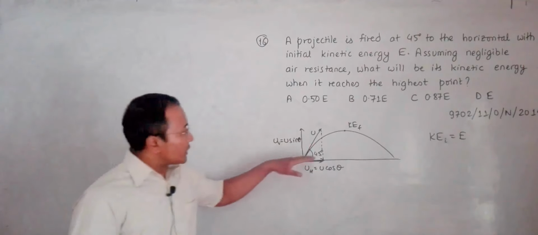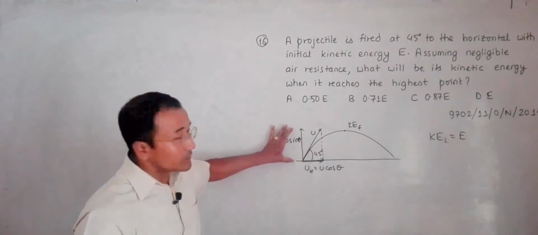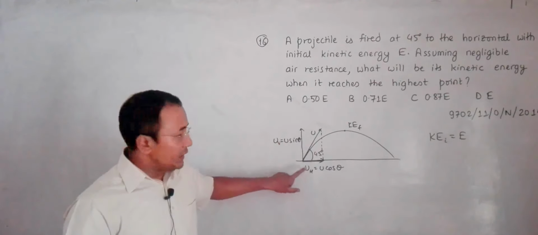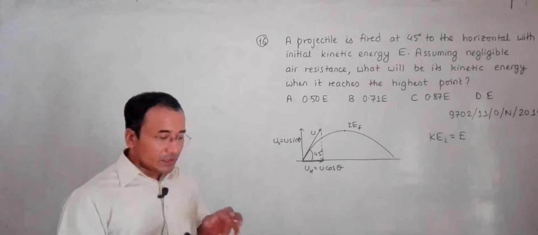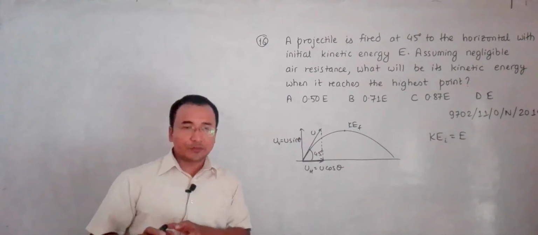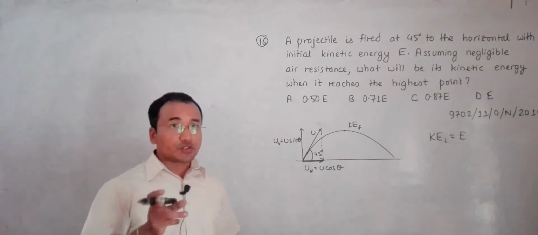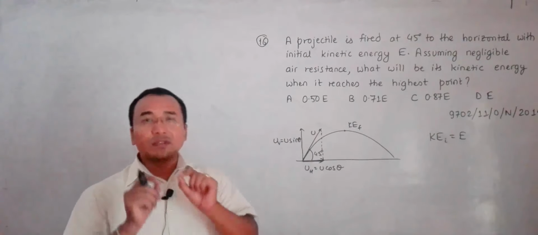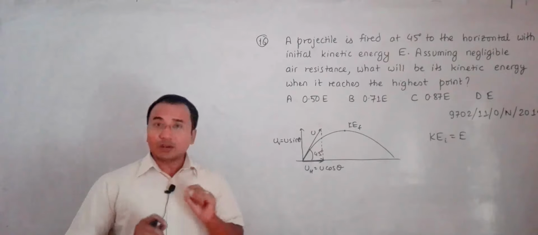As it goes upward, the vertical component will decrease, and the horizontal component should remain constant, because there is no horizontal force. Since there is no horizontal force, the horizontal velocity should be constant.